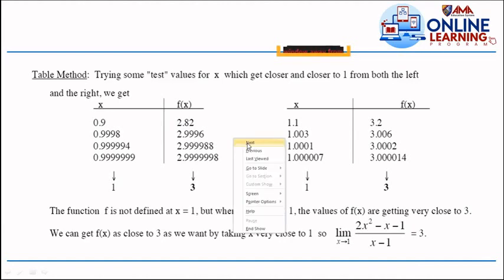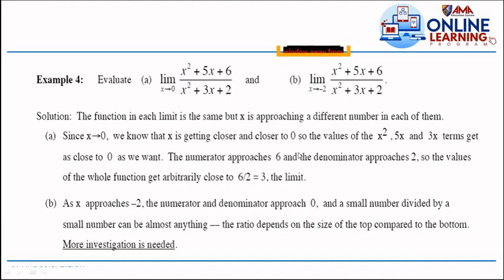Okay? So we have your last example. Number 4, evaluate the limit of x squared plus 5x plus 6 divided by x squared plus 3x plus 2 as x approaches 0. Dito, limit of x squared plus 5x plus 6 over x squared plus 3x plus 2 as x approaches negative 2. Okay? So this is the solution.